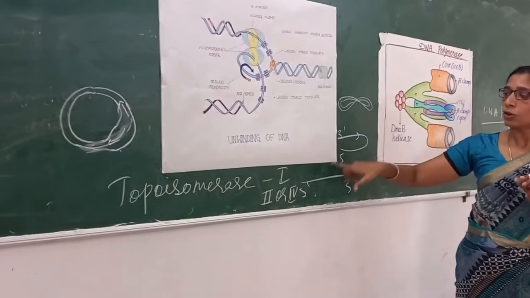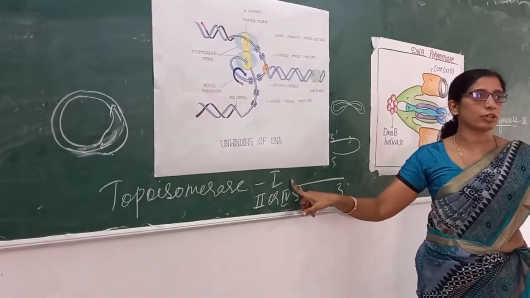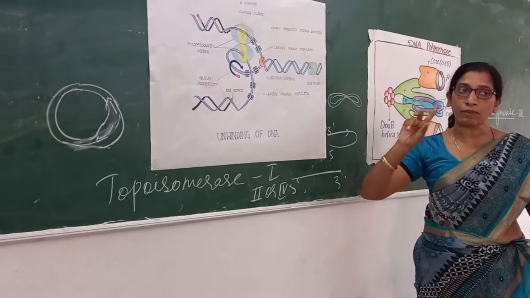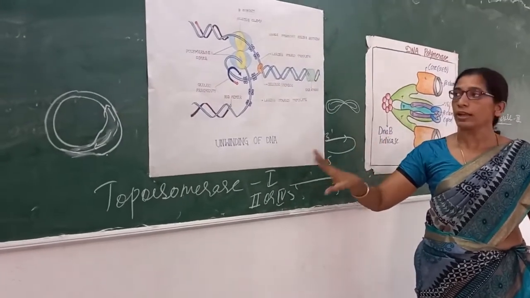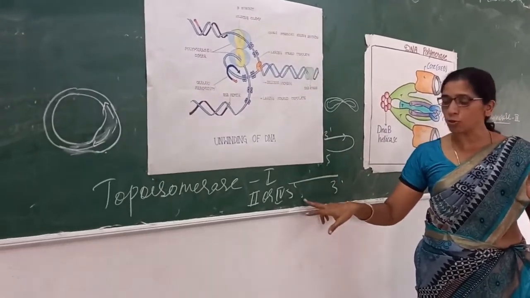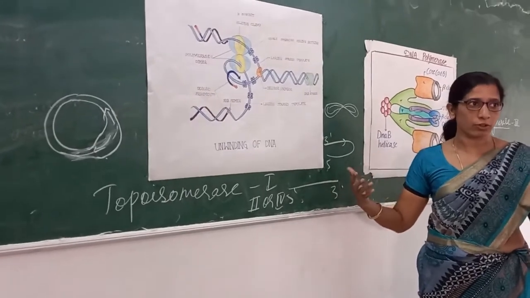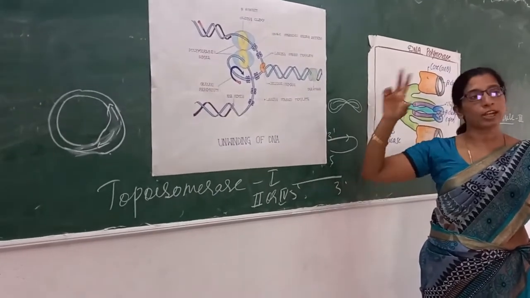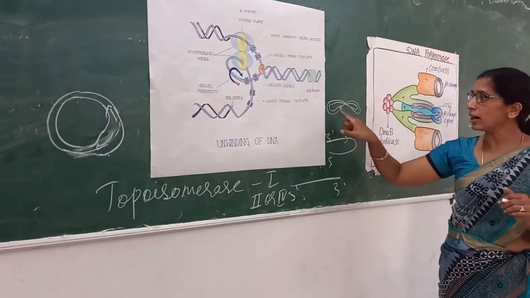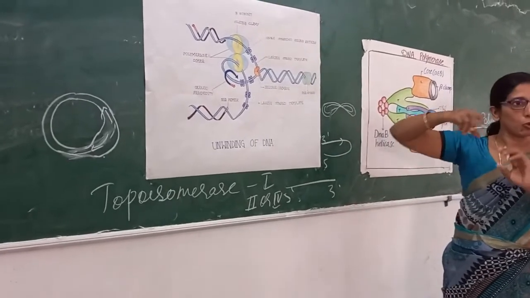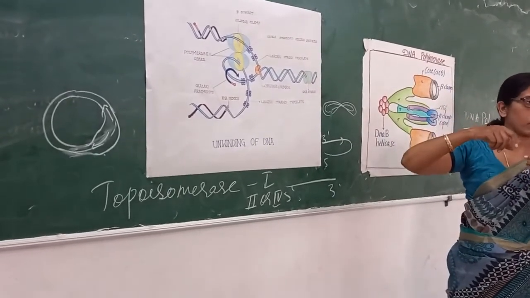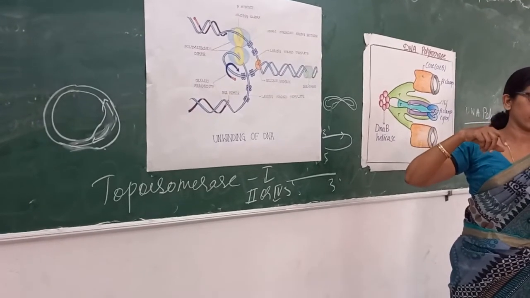So there, topoisomerase 1 is not sufficient to relax the strand because it cuts only one strand. Then you require topoisomerase 2, 4 or gyrase, anything you can say. What is it doing? It cuts both the strands. When it cuts both the strands, the complete loop that came out is relaxed.